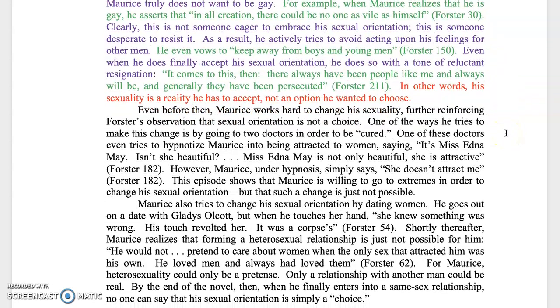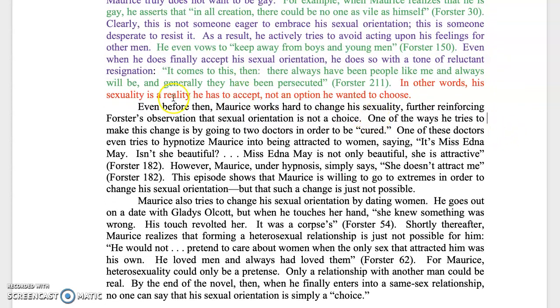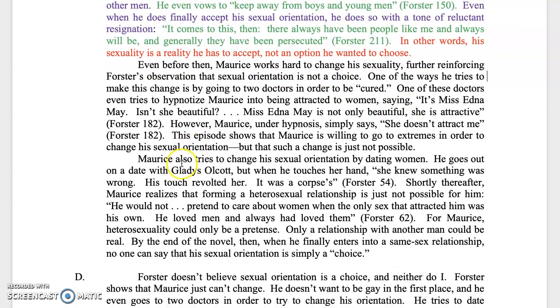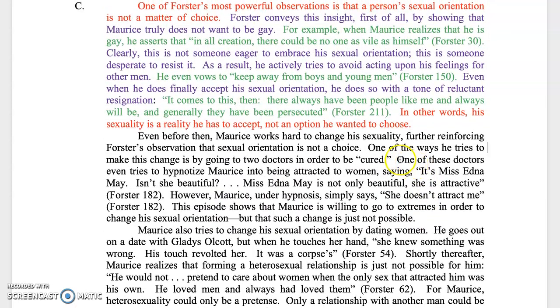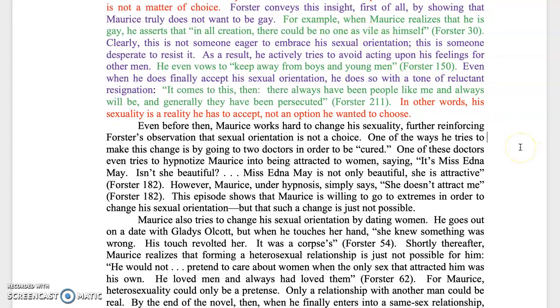And these are just additional paragraphs here later, a different subset of examples showing that sexual orientation is not a choice. This is one about how Maurice tried to change his sexuality and that didn't work, how he tried to date women and how that didn't work. So they're just different examples that all show this main topic sentence point, which is sexual orientation is not a choice.